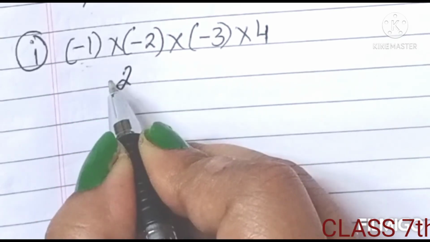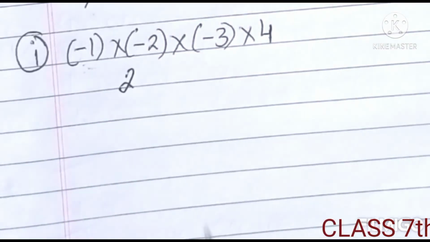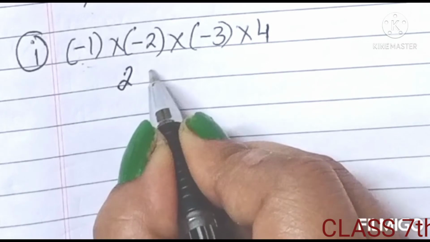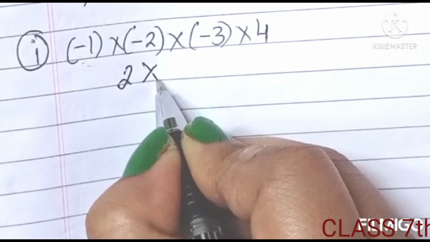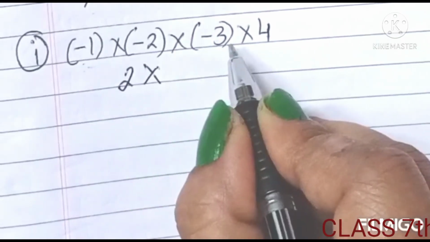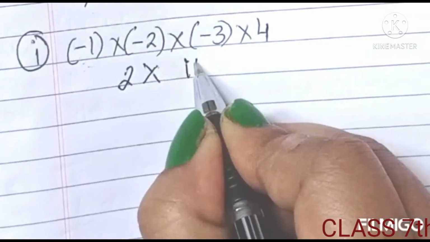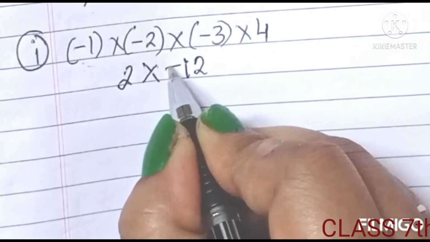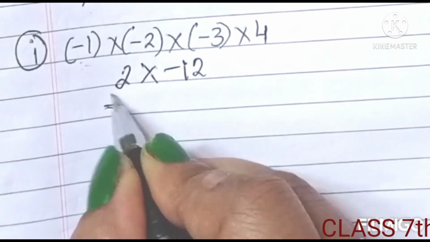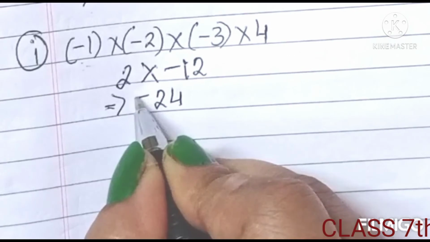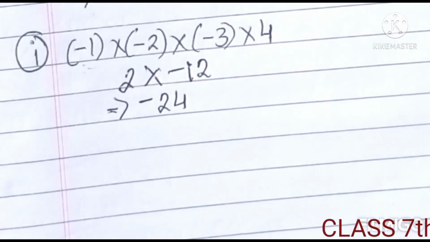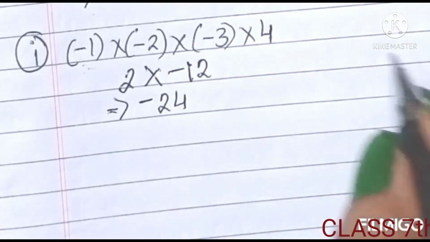Minus minus cancel. Very good. So it will be only 2. Now this into sign is given, so put the into sign. No need to put the plus or minus sign. जो बीच में साइन रहेगा वही साइन हम पुट करेंगे. Now 3 4s are 12 and minus sign is given, so minus 12. Okay. Now 12 2s are 24 and 1 minus sign is given, so minus 24. This is the answer for the I1, minus 24.